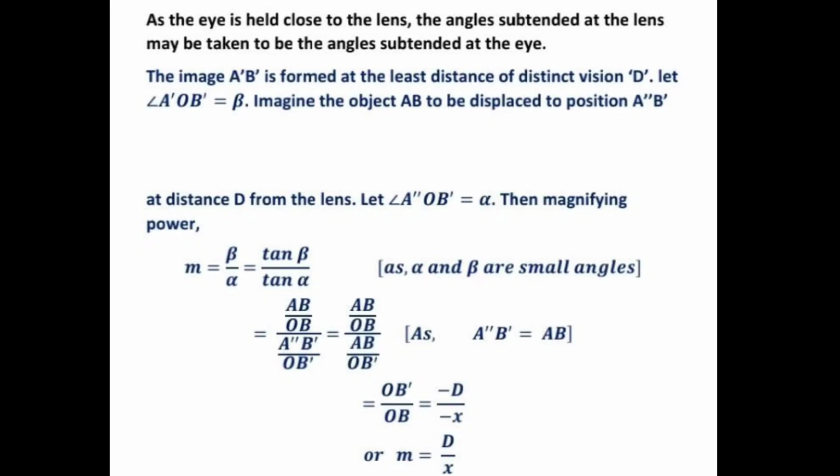Then we apply the formula of the magnifying power, and we express the magnifying power in the form of the angles, that is beta divided by alpha. These angles are very small, so we can apply the trigonometric functions and calculate the value of the magnifying power. We have the final expression as small m is equal to D divided by x.